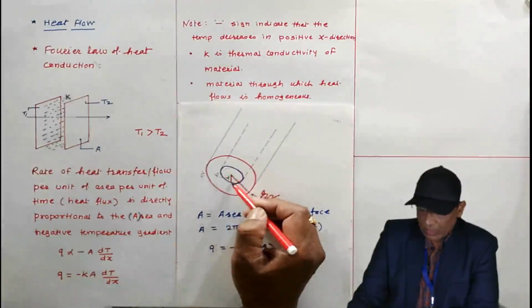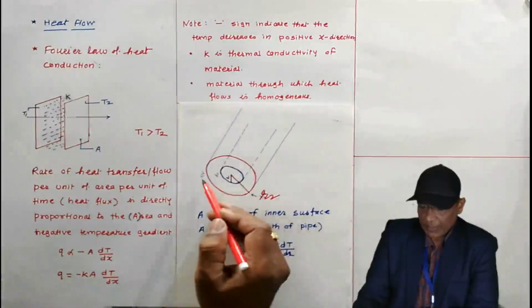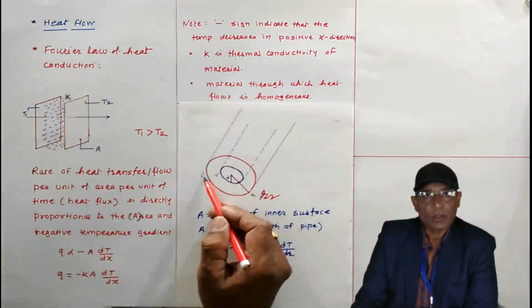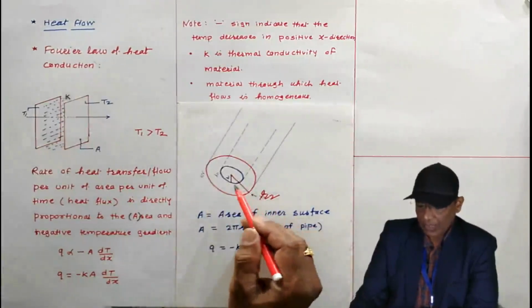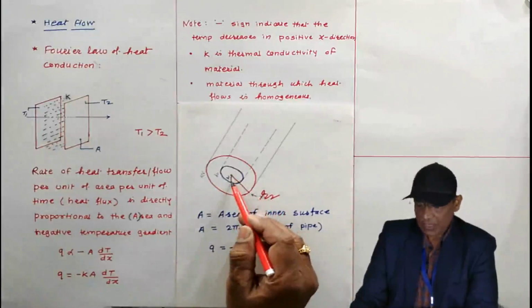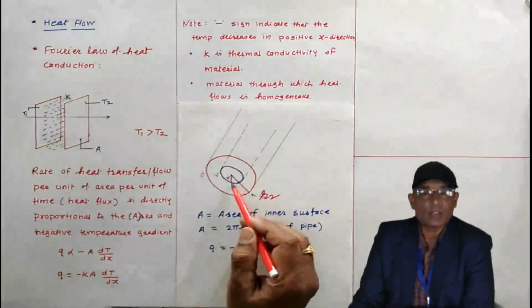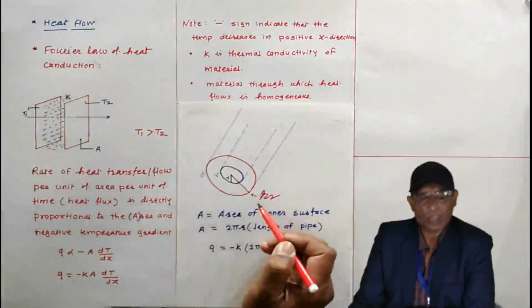This is the inner surface of the pipe, and this is the insulating material. The temperature at the outer surface of the pipe is T2 and the temperature at the inner surface is T1. The radius from the center is R1 and R2.